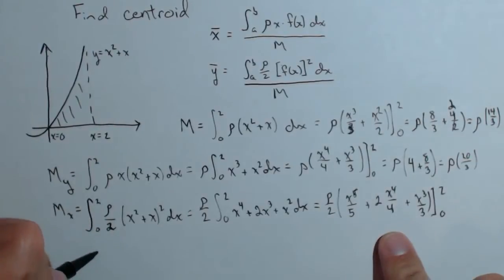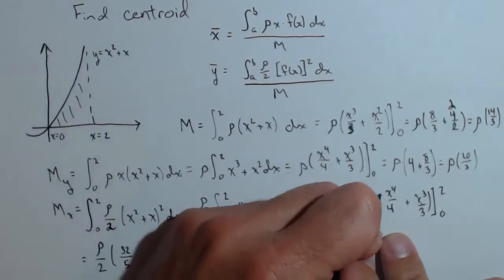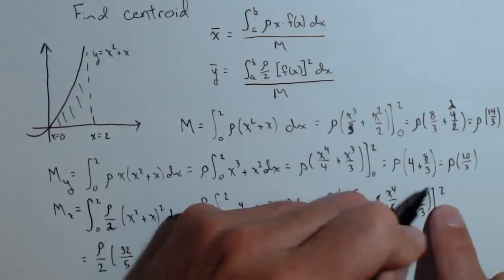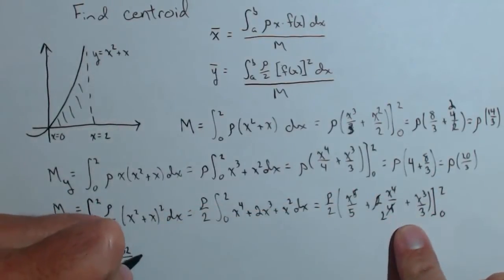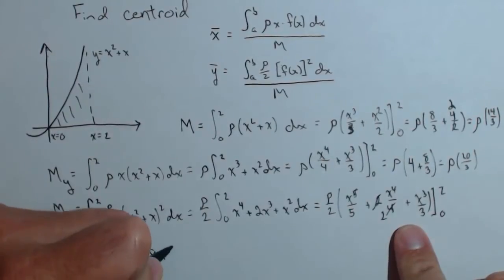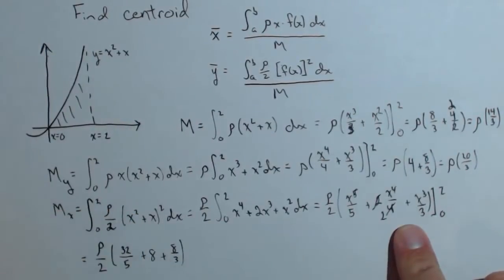Again, we're going to have fractions. So we have rho over 2 times 32/5. Let's make that just over 2 to hurry things up. 2 to the 4th is 16, over 2 is 8. So plus 8, and again plus 8/3.